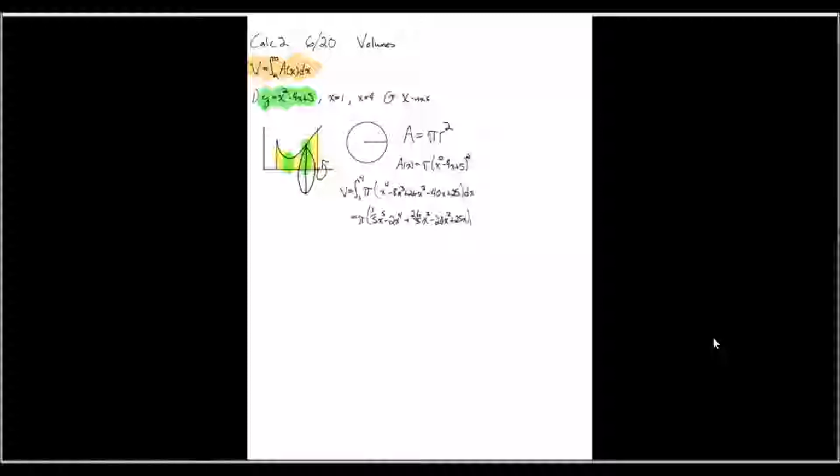My bounds are 1, 4. You plug those in, and we get 78 pi over 5. And that's going to be our area of the shape up here, rotated around the x-axis, right?